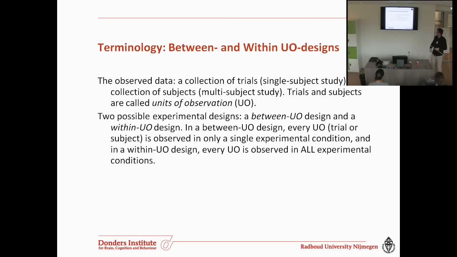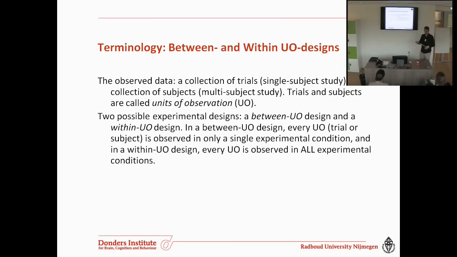Okay. Now, I have to make a very brief sidestep before going to permutation-based inference. That's about the difference between, on the one hand, between unit of observation designs and, on the other hand, within unit of observation designs. In practice, we often analyze data of individual subjects, but when we report in a journal article, we report about the results obtained from a large number of subjects.